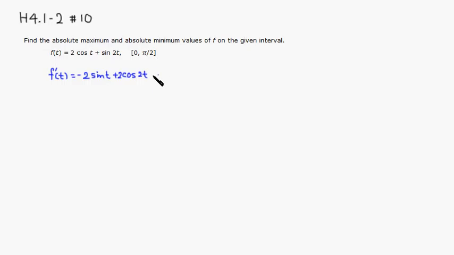Then we need to rewrite this. First, cosine of 2t can be written as cosine squared of t minus sine squared of t.